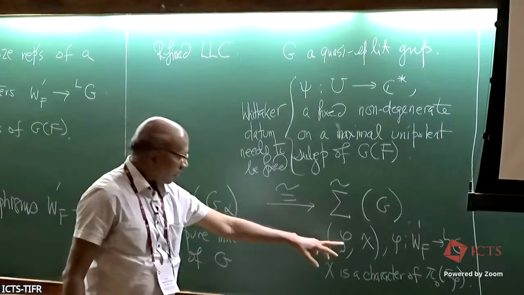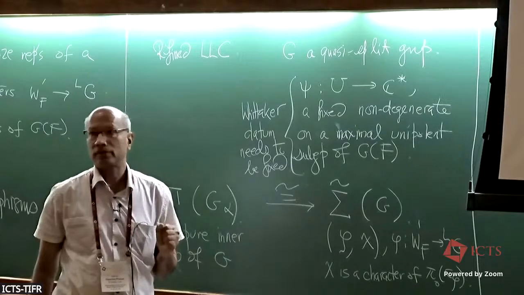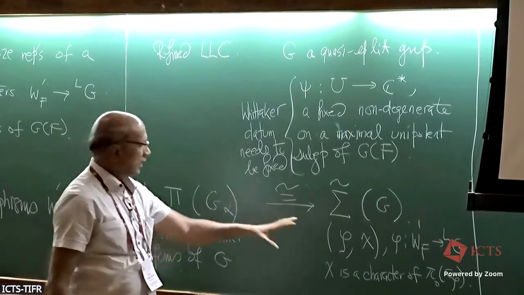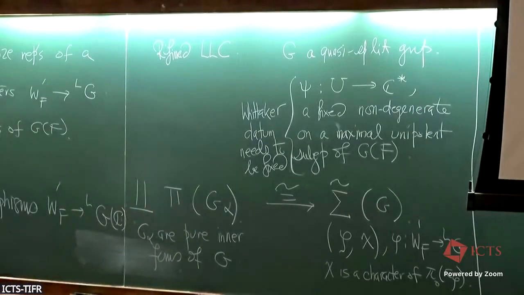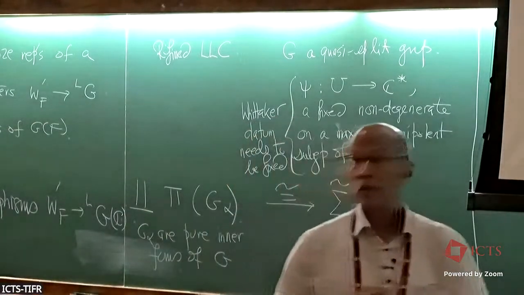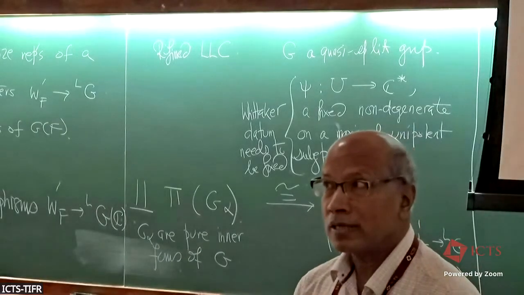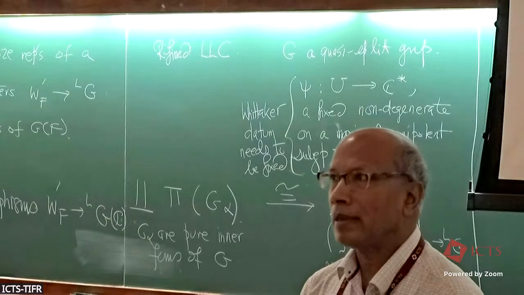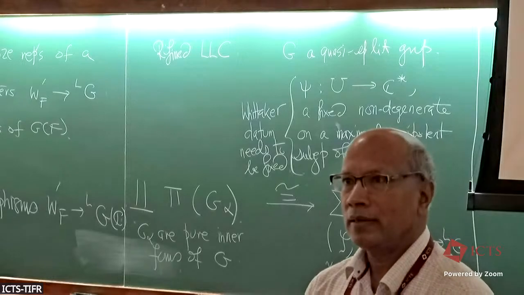So if you drop the chi, then this mapping is surjective and its fibers are called the L packets, and the L packets are therefore parameterized by these characters. Pi naught C phi is the character group, and if it is an abelian group, then its cardinality is the cardinality of the L packet, of the Vogan packet.